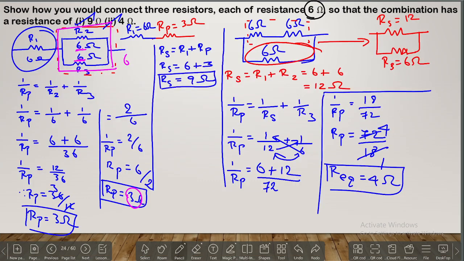So in the previous sum, two resistors have the same magnitude, the net resistance will be half of 6. Half of 6 is going to be 3 ohm.